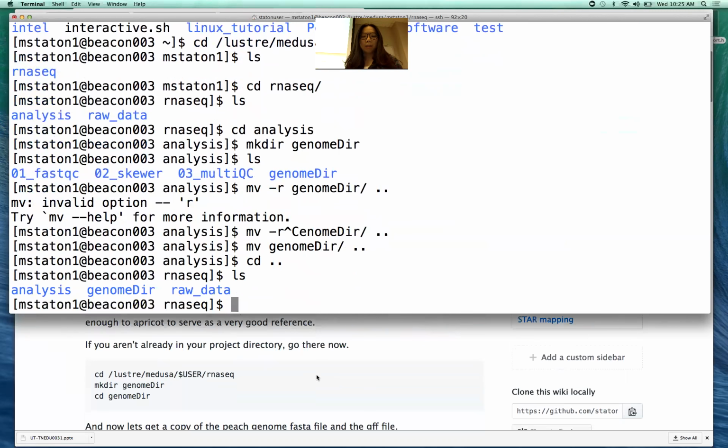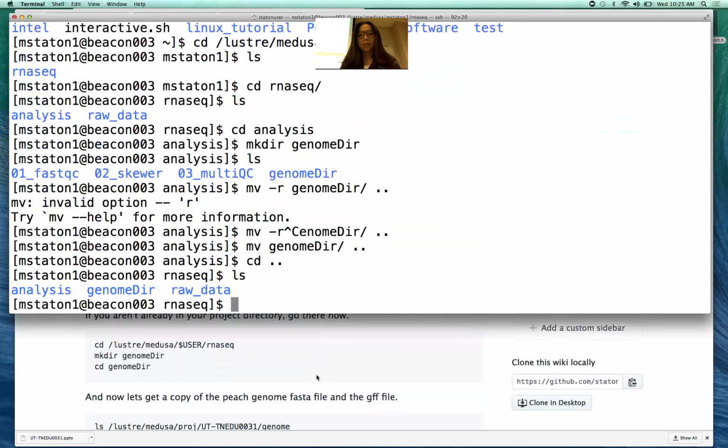And right now, let's take a look at where our genome is. So go to Lustre, Mendoza, project, UT10, genome.